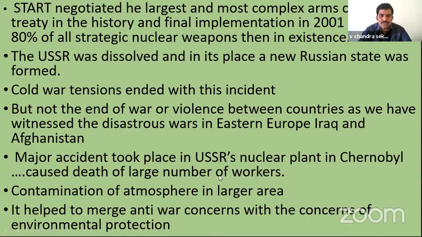This incident gave more boost to the peace lovers who started anti-nuclear and anti-war movements. There was contamination of the atmosphere over a larger area because of the release of nuclear gases. It helped to merge anti-war concerns with the concerns of environmental protection.